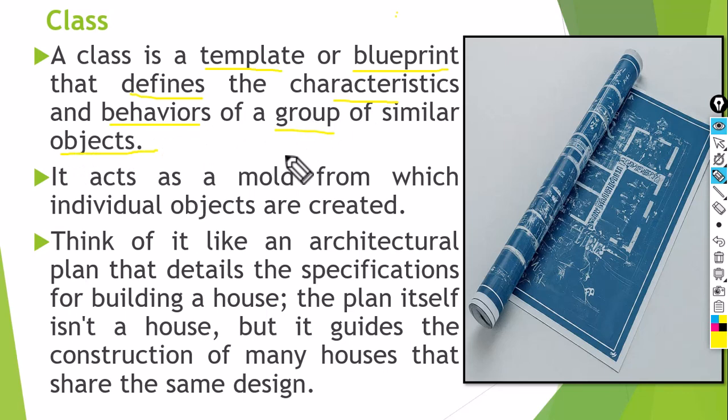For example, if you take a car, everyone knows what a car is. A car class might define attributes like the color of the car, which might be white or red or blue, based on your liking. It might be the model, whether a hatchback, an SUV, a sedan, or a sleeper sedan, and the year of manufacturing.